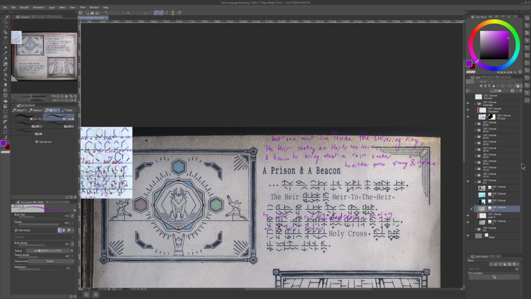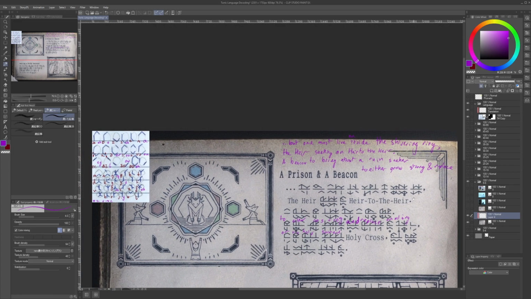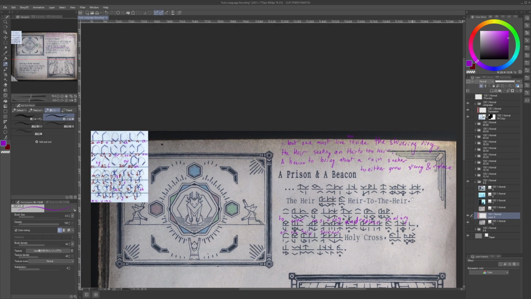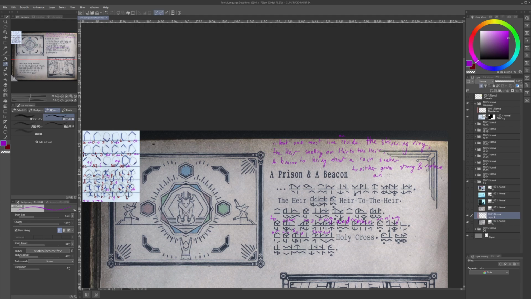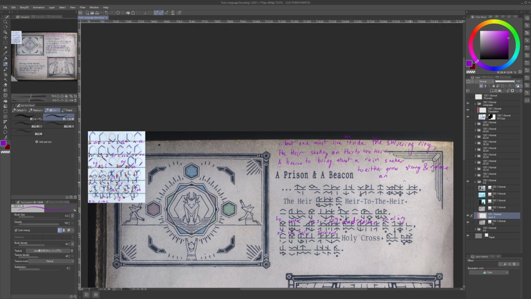Place an ailing something, or to hold sacred holy cross.